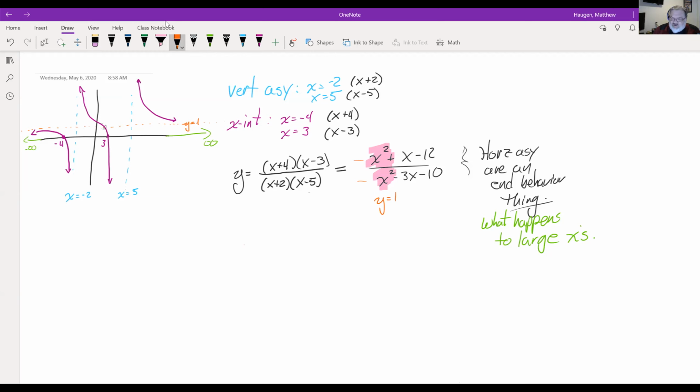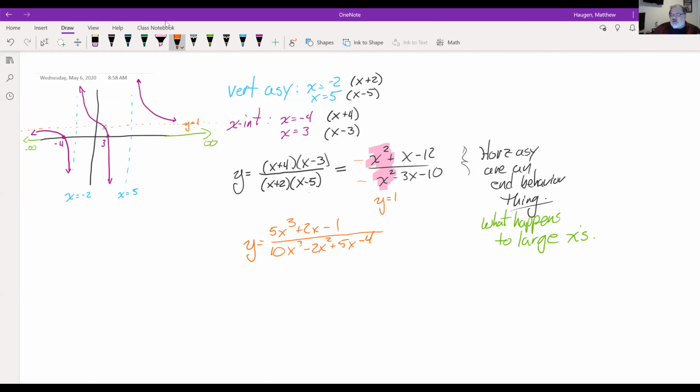Now, if we were to graph something like, say, y equals 5x to the third plus 2x minus 1 over, say, about 10x to the third minus 2x squared plus 5x minus 4. Now, if we wanted to find vertical asymptotes, we'd have to find the zeros of that denominator.